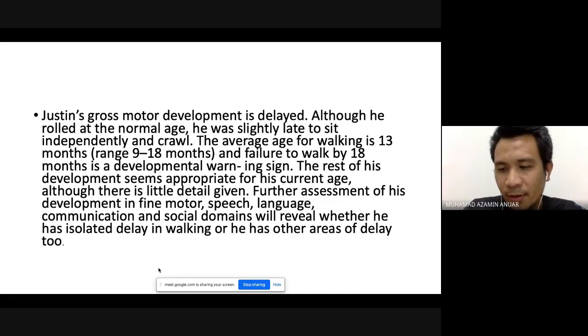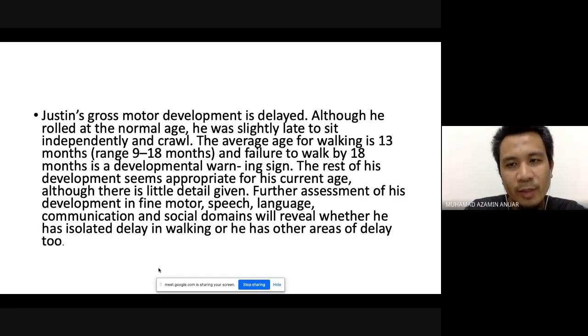Okay, so obviously we know his developmental milestones show isolated gross motor delay. We know that he's rolling at the normal age, 4 months old is the normal age. But his crawling is late. Normally you should be able to crawl by the age of 9 months.